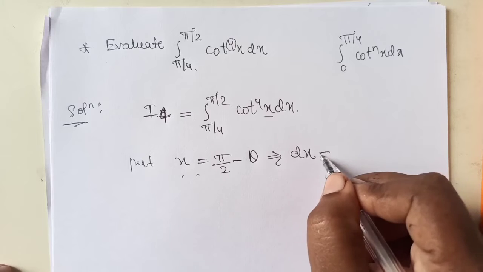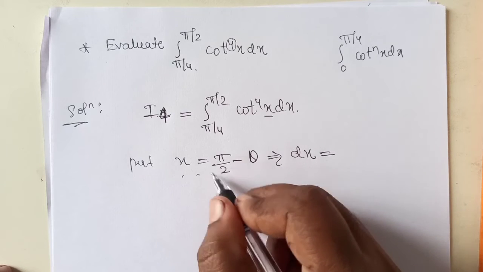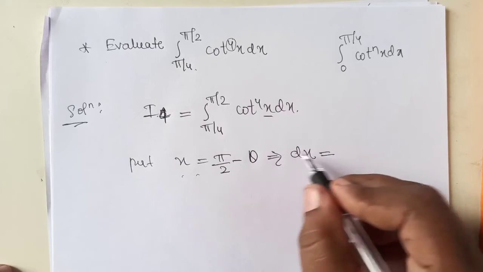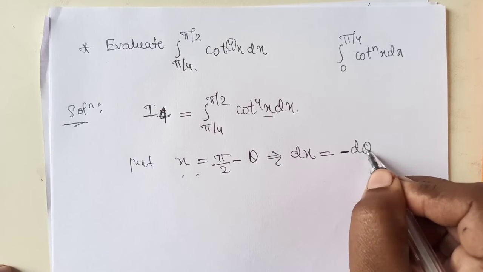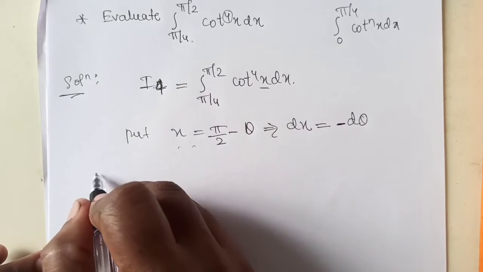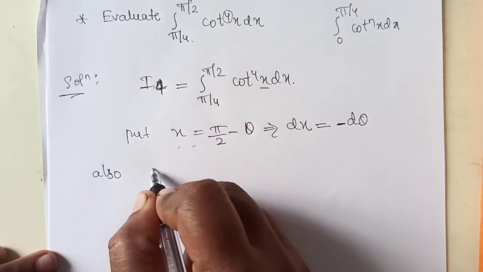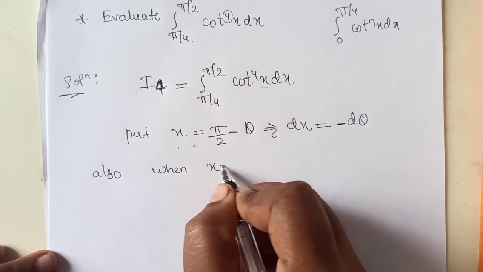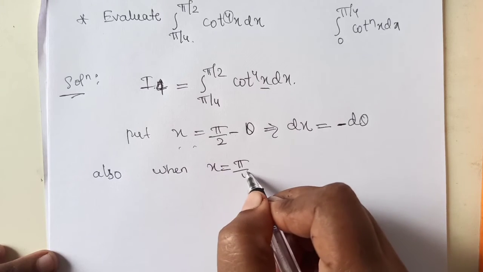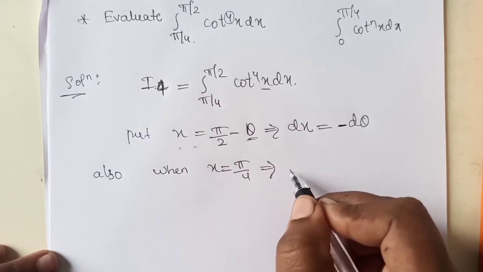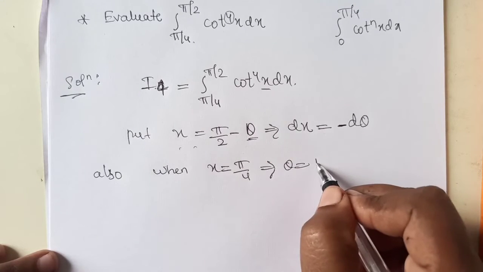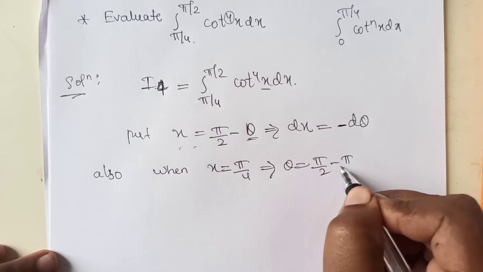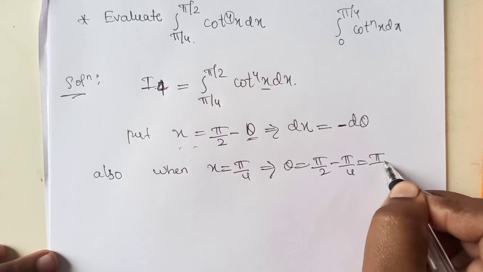Differentiating this, pi by 2 gives 0, and minus theta differentiates to minus d theta. Also, when x equals pi by 4, then theta equals pi by 2 minus pi by 4, which is pi by 4.